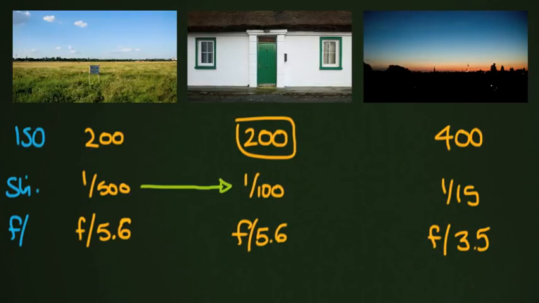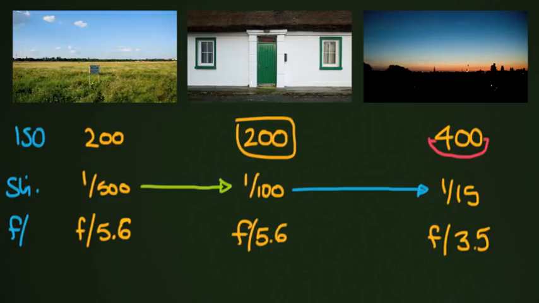We've got a smaller bucket, first of all, so it takes less time to fill that bucket. And we've got now the water running for even longer. So we've got a 15th of a second, which is a lot more than a 100th of a second, and even more than a 500th of a second.